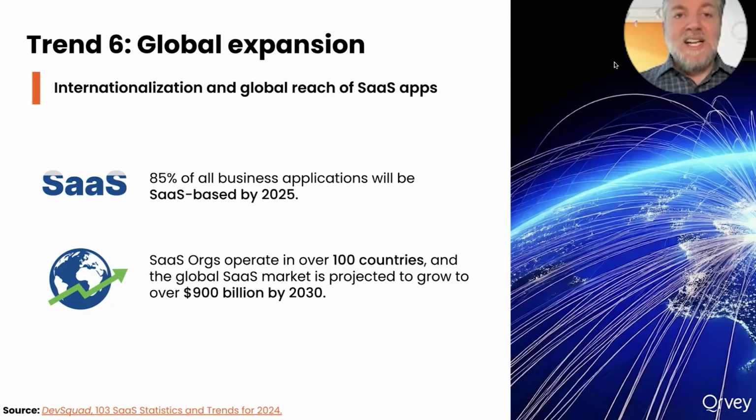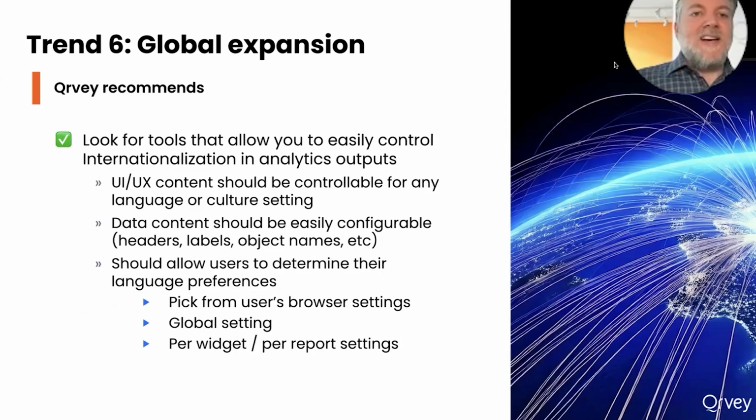And so global expansion, if it's not already part of your roadmap or your expectations and plan, it's something that obviously you can start thinking about. And again, just like with architectures, understanding the tools that you work with should allow you to easily control and map to whatever internationalization and other outputs you need to support users anywhere they are.